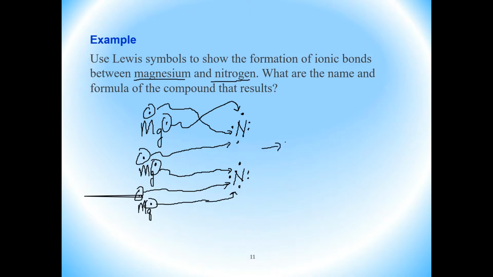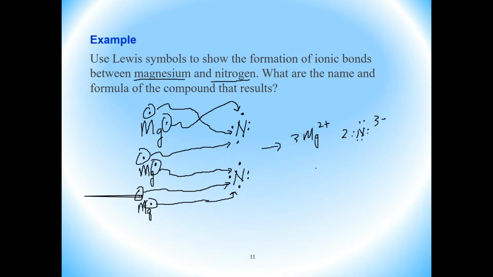The result of that is that you're going to end up with 3 magnesium 2+ ions, and you're going to end up with 2 nitride ions that will gain electrons, in each case, and now have an octet, and each of them will carry a -3 charge.